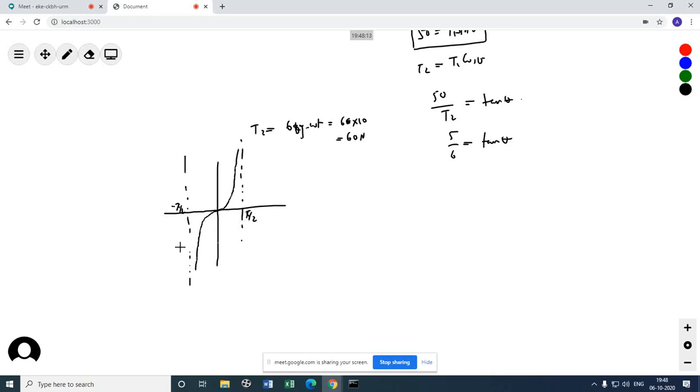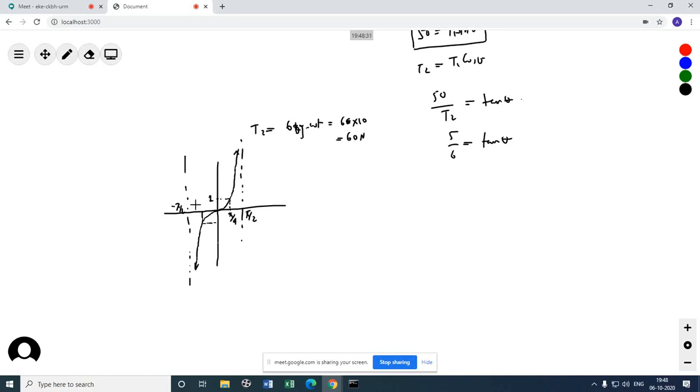This is tan minus 90. And at this top value, tan 45 degree, pi by 4, which is 1.